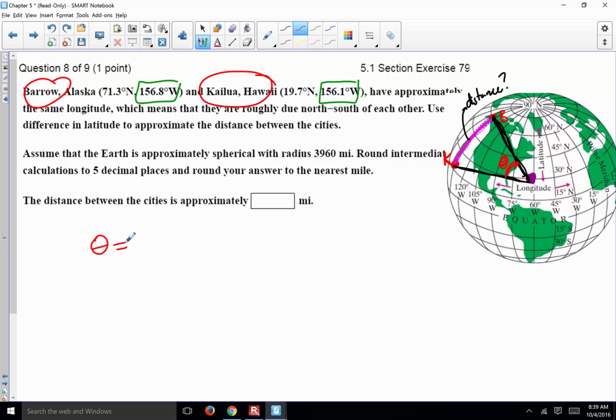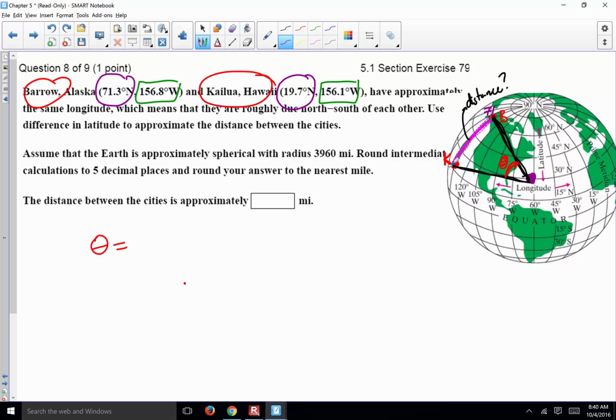Anyone? How do you get it? At least don't tell me the result, but how do you get the angle between these two? Hint, look at this. This is sitting at 71 degrees.